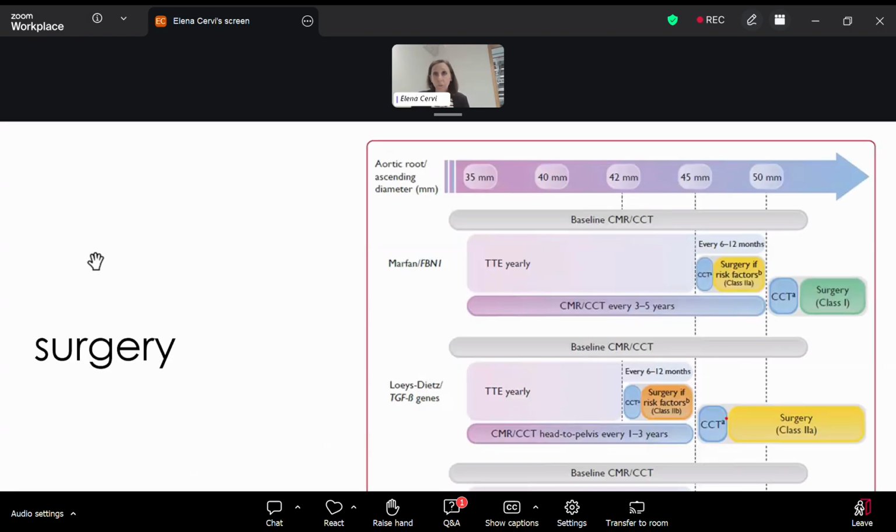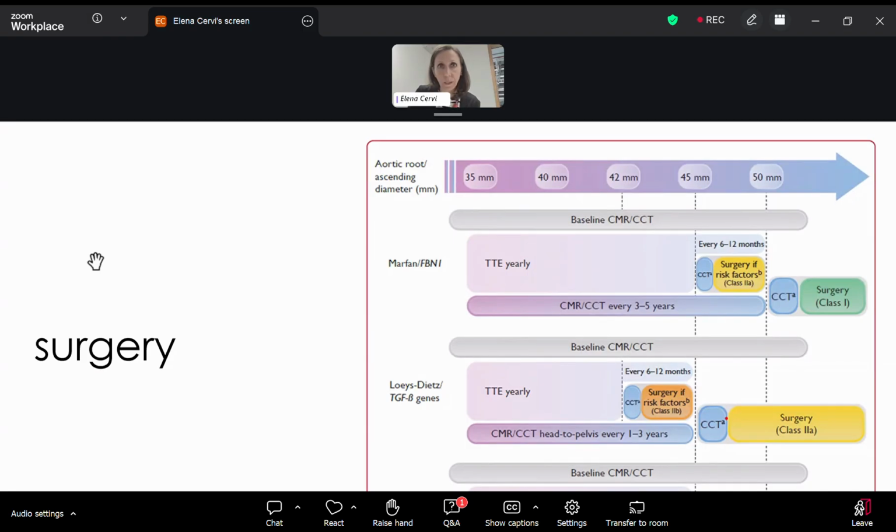Which has informed, as mentioned, the fact that the current guidelines, both the American and European, are now taking a lot more into account than just the sheer diameter. So you now have different thresholds for imaging, for medical therapy, and for surgery, depending on your genotype. And it's the first time this has been taken on.